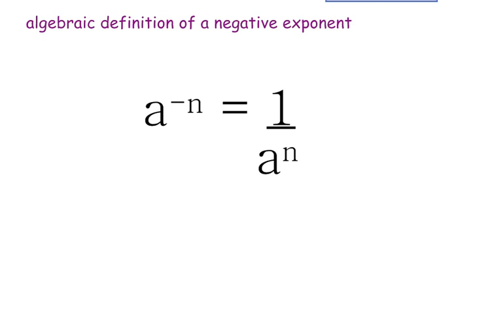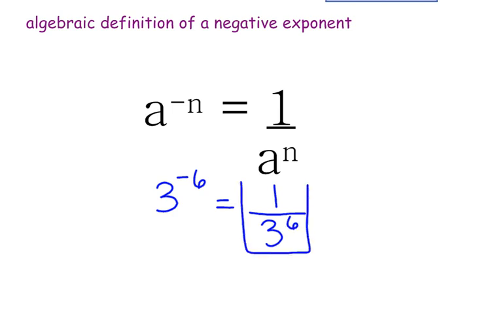In your math book, we always learn a definition using variables instead of numbers. So here's the algebraic definition of a negative exponent. You have room on your paper to write this down, and that is that any number to a negative exponent, so let's say 3 to the negative sixth, what will that look like? It will look like 1 over 3 to the sixth.